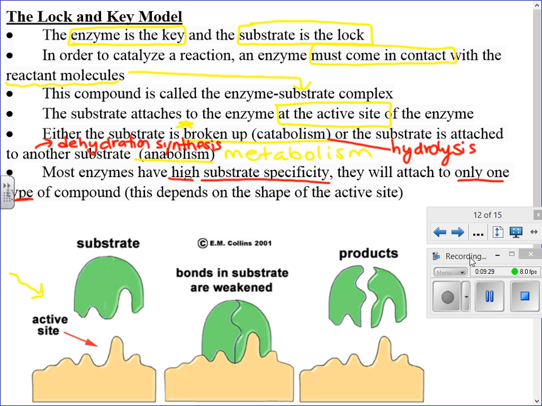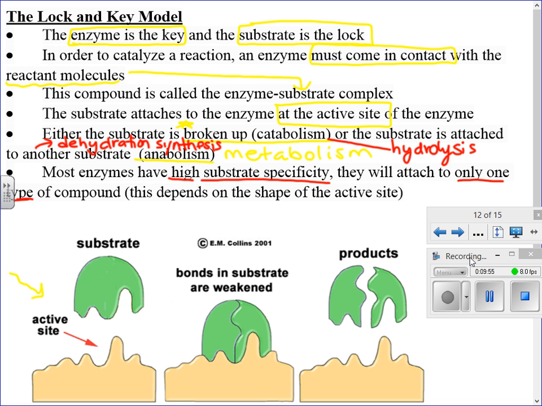On the flip side, I could use a substance that would block an enzyme. It might have almost the same shape as some molecule I'm trying to break down, but there'll be something about it that's different. It will be different enough that the enzyme won't be able to break it down, and then the enzyme won't be able to break down other substances either. And so this idea of substrate specificity is high, but it's not perfect.